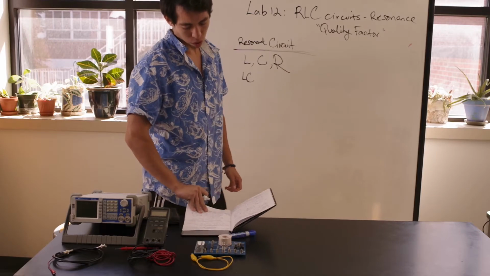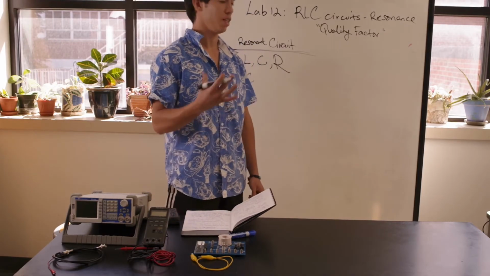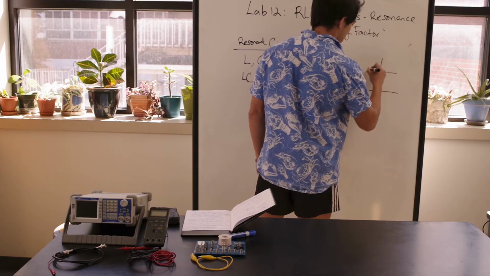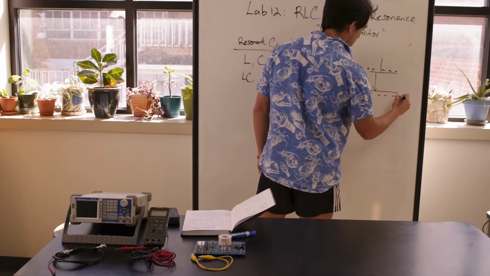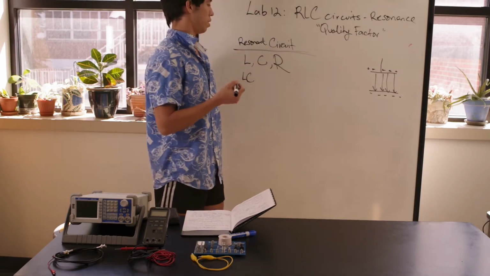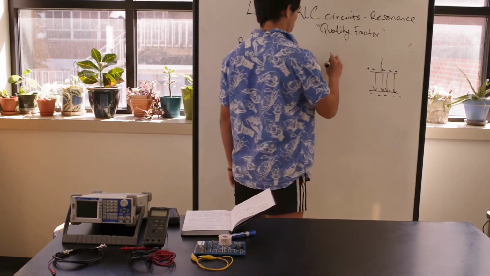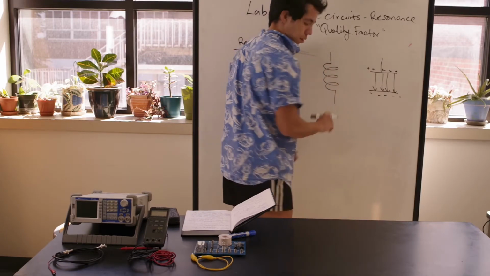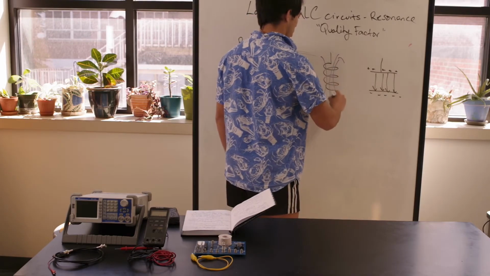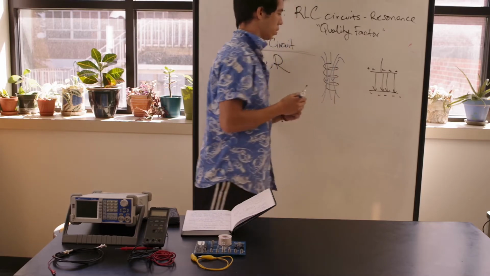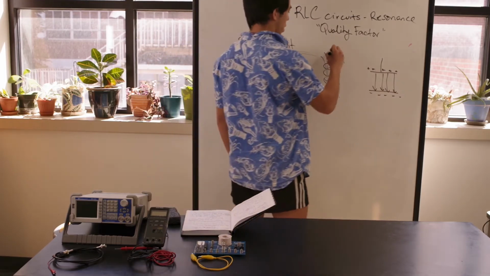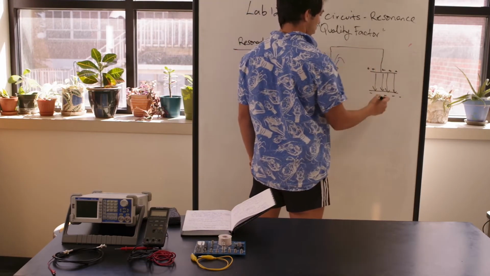Alright, so remember we've learned that capacitors store energy in their electric field. And conversely, inductors store energy in their magnetic field. So in RLC circuits, we connect these components together.